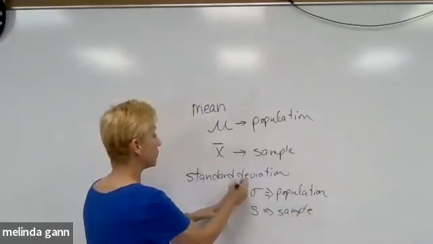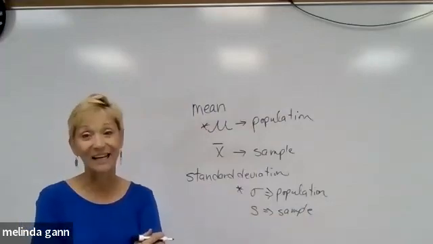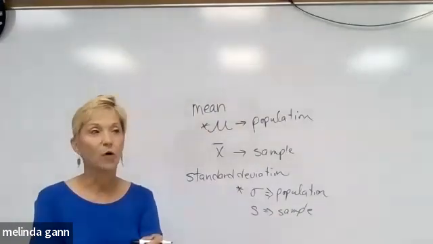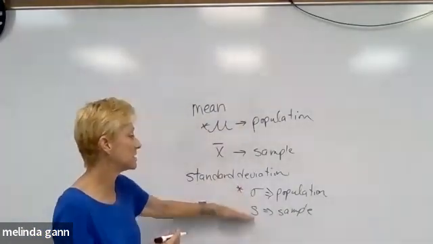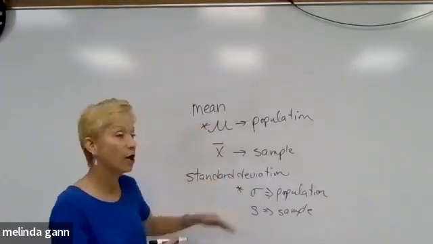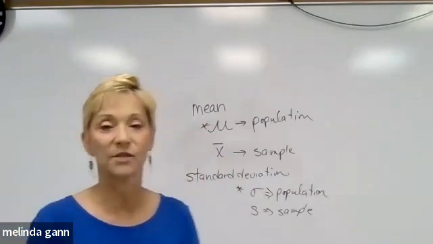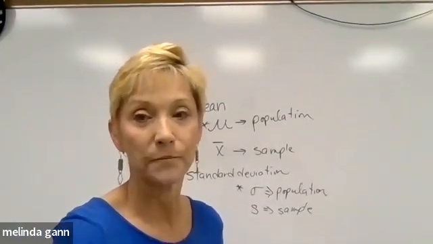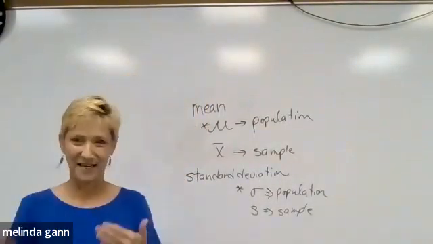So notice the Greek letters are always population symbols and the English letters are sample symbols. And that's a real big deal. So make sure you know what those 4 things are symbols, what they stand for. You're going to need to understand them to do the formulas. All right, and you might get a fill in the blank question as well. Okay, so do make sure that you're good to go on symbols and things.